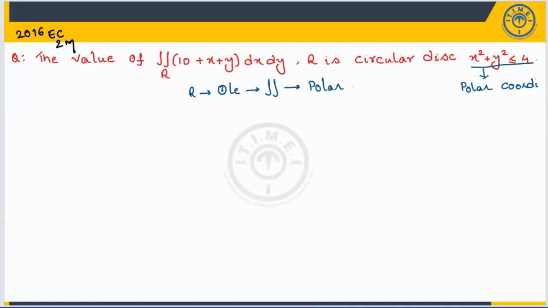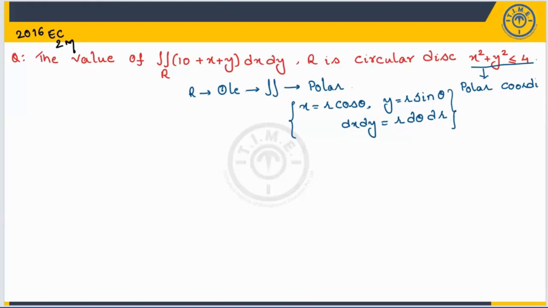Now, what are the substitutions to convert it into polar? x is equal to r cos theta, y is equal to r sin theta, and dx dy is equal to r d theta dr. These are the standard substitutions to convert Cartesian coordinates into polar coordinates. We make use of polar coordinates only when the region R is a circular region.